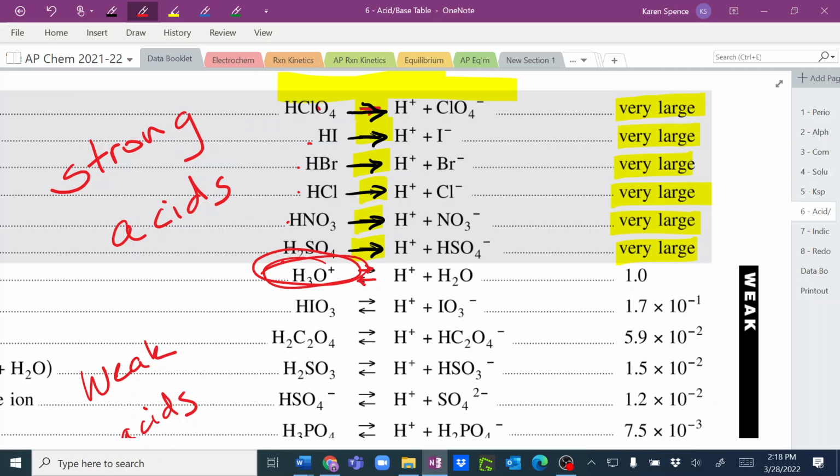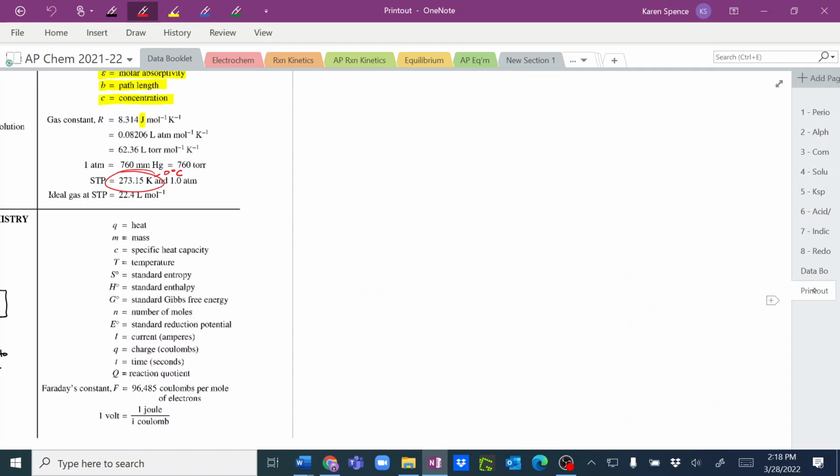What's the strongest base that can exist in water?